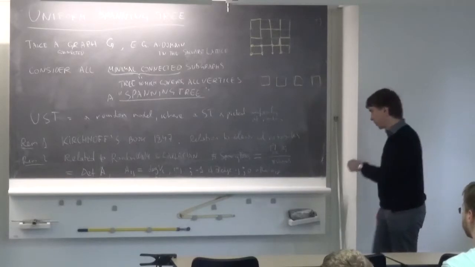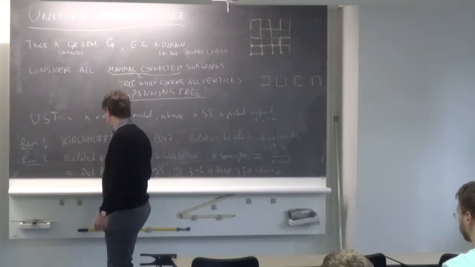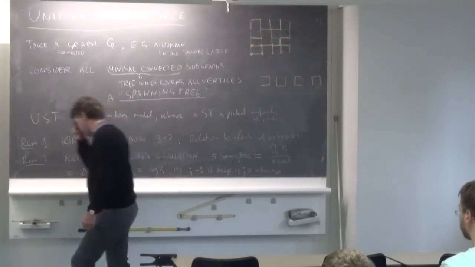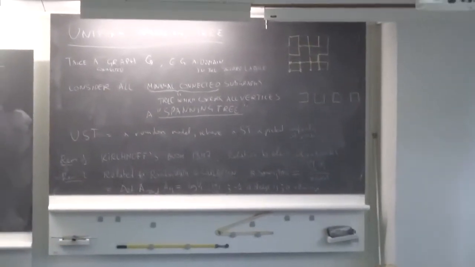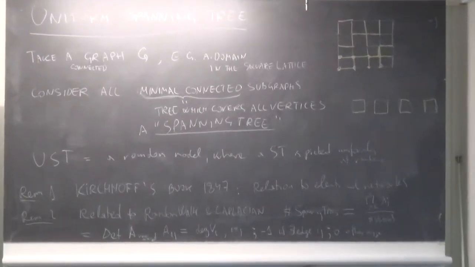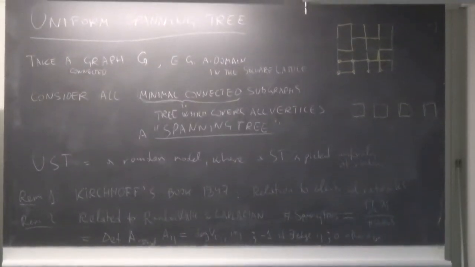So it's the determinant of A, well, with one row erased. That's not really important for our purposes, but this actually indicates that the model is easier.